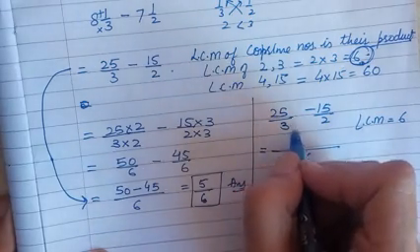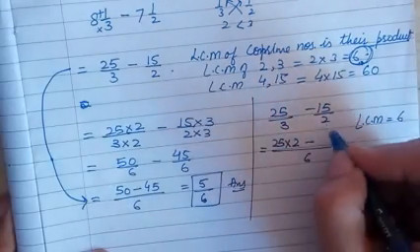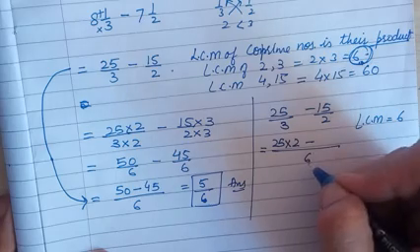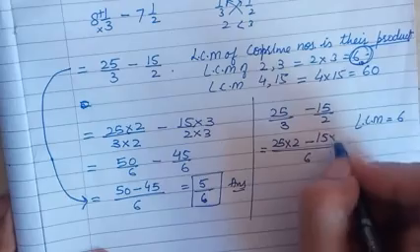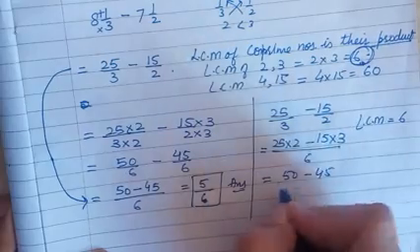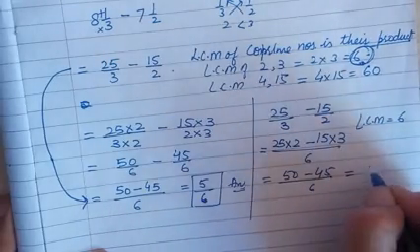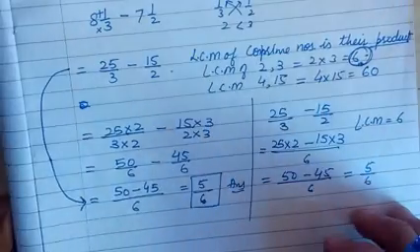So you multiply here by 2, so multiply the numerator by 2. Now here 2 and here 6, we want 6, so multiply here with 3. So 25 into 2 is 50 minus 15 into 3 is 45 upon 6. This is 5 upon 6. This way also it can be done directly.